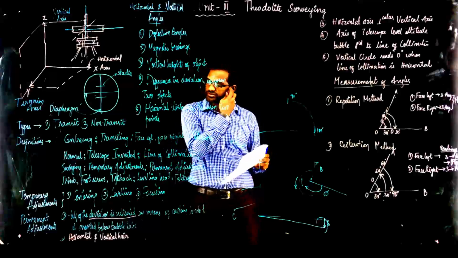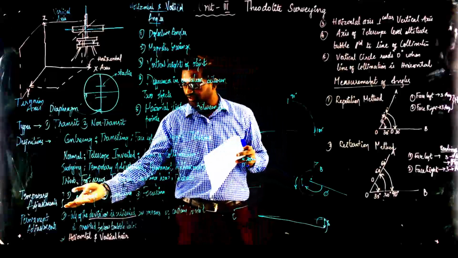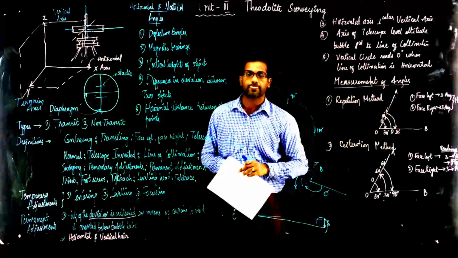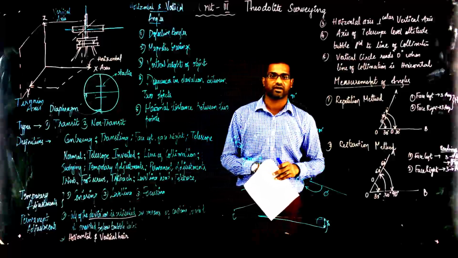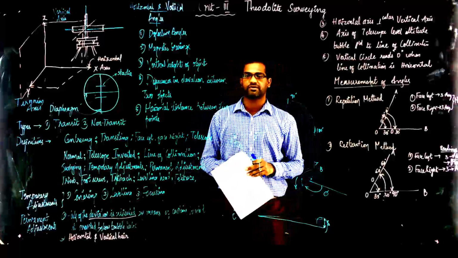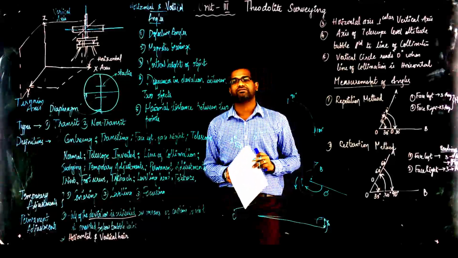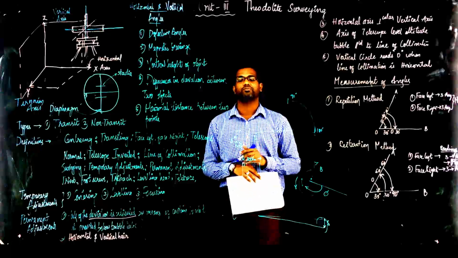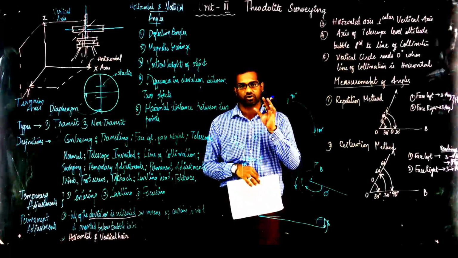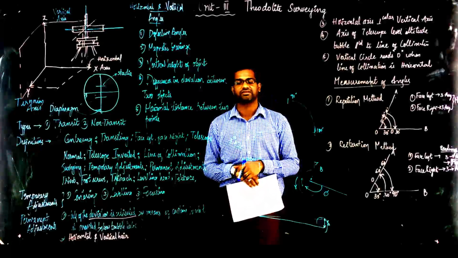So temporary adjustments we have discussed. We have three important steps: centering, leveling and focusing. So what is meant by centering? If you establish the instrument exactly upon the point which you have chosen, that setting is called centering.